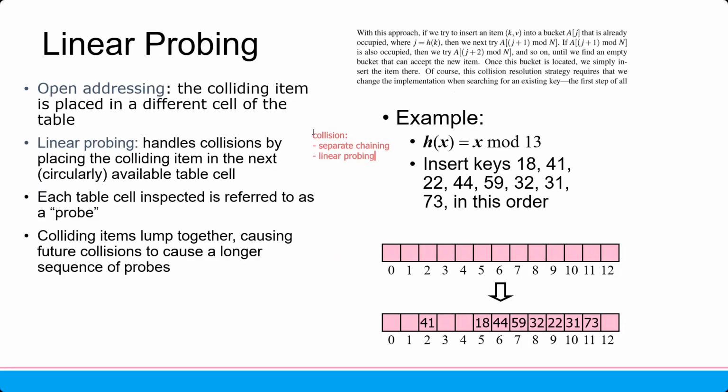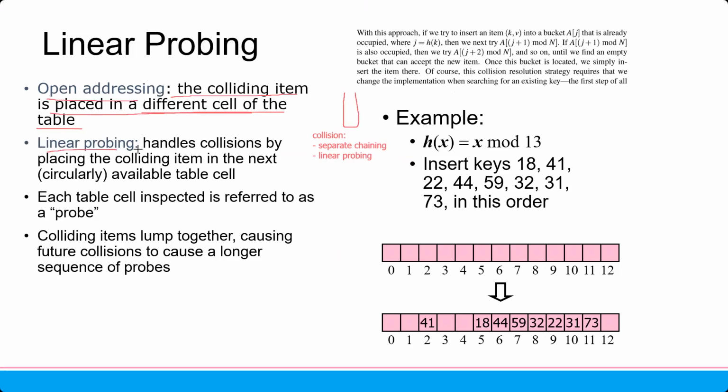In linear probing, the colliding item is placed in a different cell of the table. So I don't need to make a separate chain or another new bucket. I just put it in the empty cells.